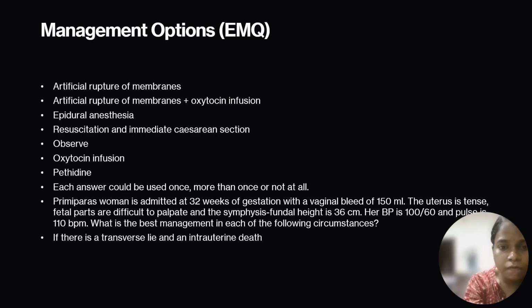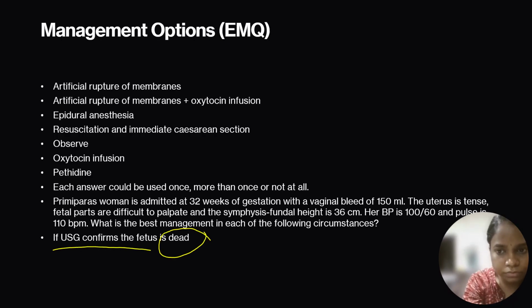Next, a primigravida at 32 weeks, vaginal bleed of 150 ml, uterus tense and difficult to palpate, symphysis fundal height is 36. So vaginal bleeding is there. You'll resuscitate her and a cesarean section is done. Similarly, in another primigravida with a tense uterus, difficult to palpate, BP okay, ultrasound confirms the fetus is dead and she's having vaginal bleeding.